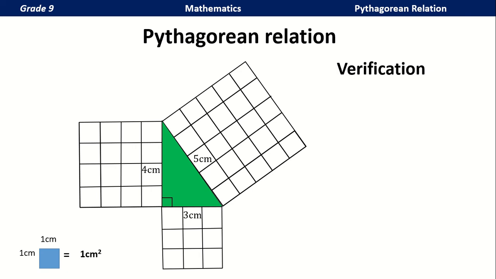Okay. Now you may see that the area of the square drawn on the 3 centimeter side is 9 square centimeters since there are 9 squares.